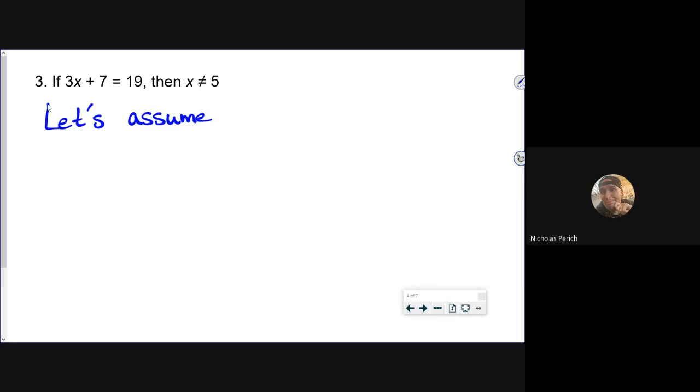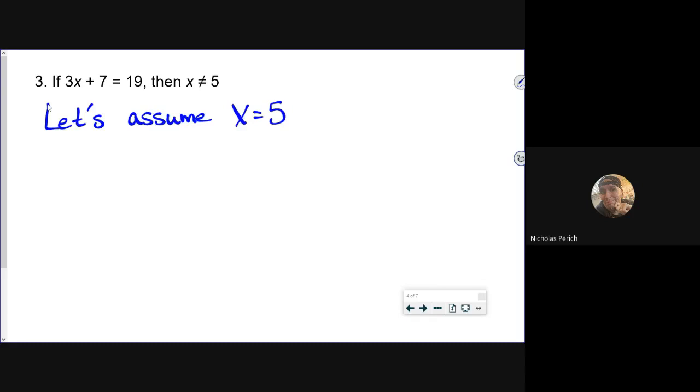What are we going to assume? Yes, it's telling us x does not equal 5, so we're going to assume the opposite, that x equals 5.